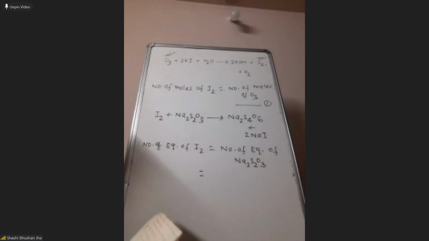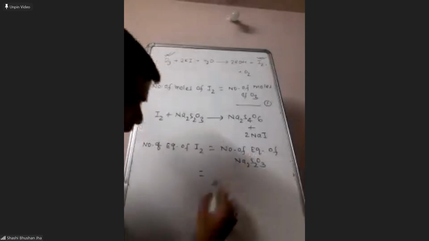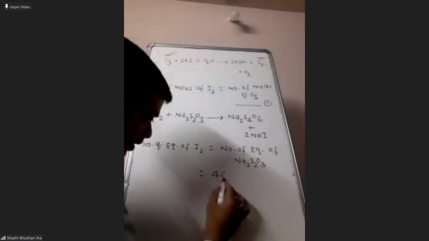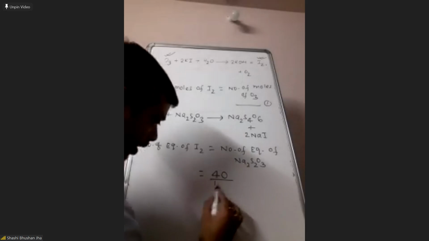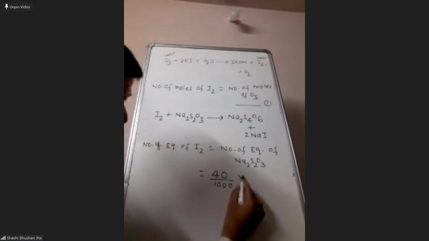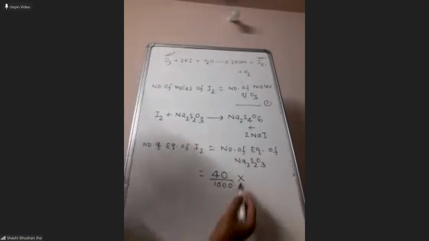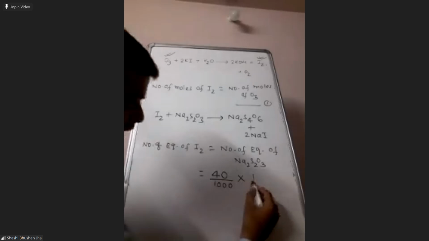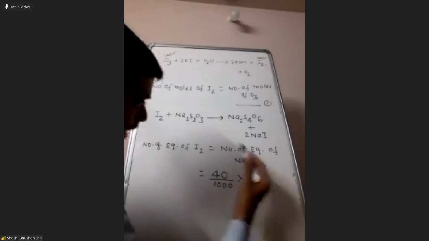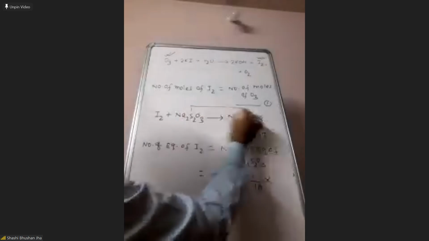Now for sodium thiosulfate, the volume is 40 milliliter and its molarity is 1/10. So the number of equivalents will be the volume in liter, that is 40 by 1000, multiplied by its normality. Normality will be molarity multiplied by its n factor. Now here you must have calculated the n factor.